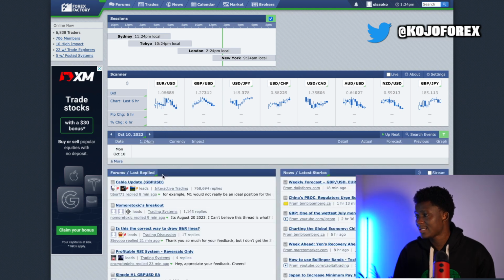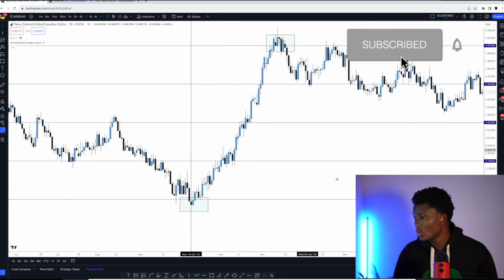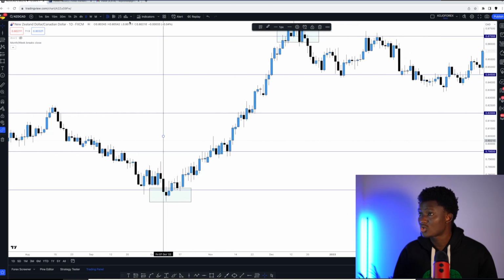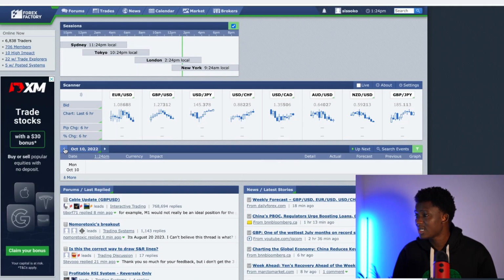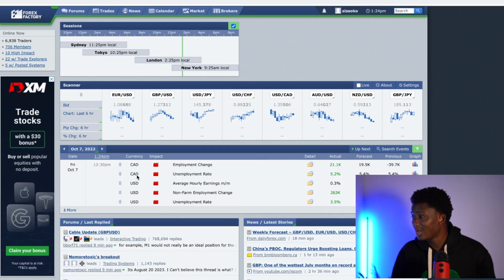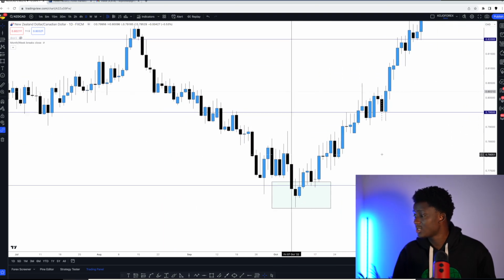Now I realize that on 10th October 2022 there wasn't anything much going on in the market, right? So what do we want to do? We want to look out for the next date just around it. I'm using this vertical line here, I move it, and that's 7th October 2022. So you want to switch to Forex Factory and come to 7th October 2022 and see. Now if we come to 7th October 2022, voila, we have what? Canadian dollar unemployment change. You can see what it was, a very positive number for the Canadian dollar, and I strongly believe that was the influence that pushed this volume, right?